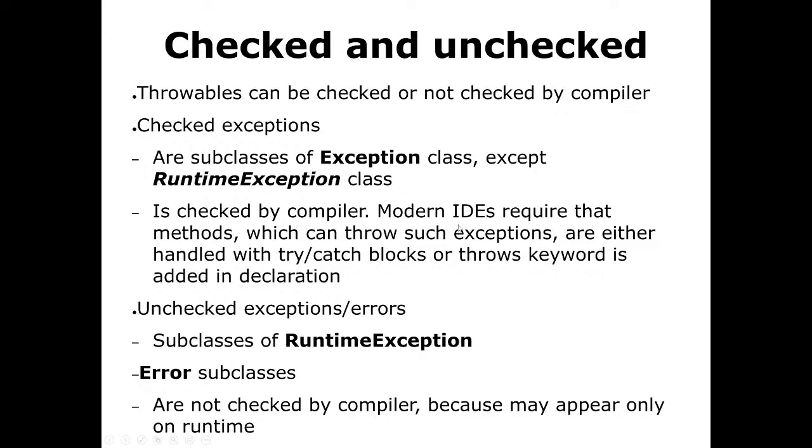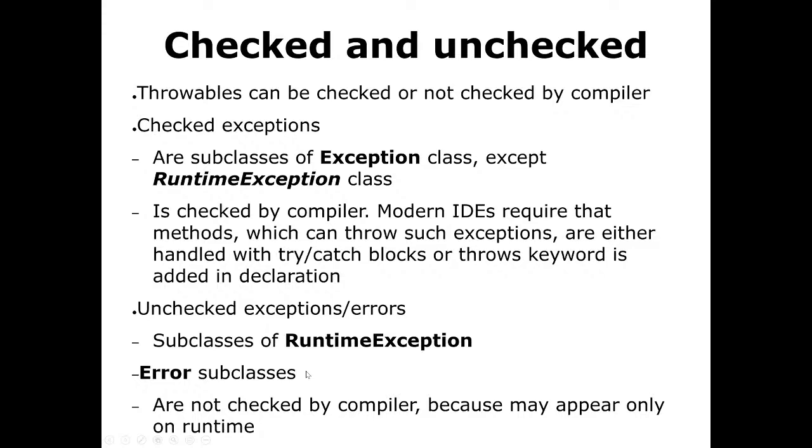They're checked by the compiler, and modern development environments require that methods which can throw such exceptions are either handled with a try-catch block or have the throws keyword added in the declaration. That's basically what I talked about.